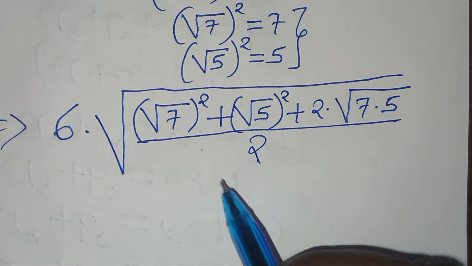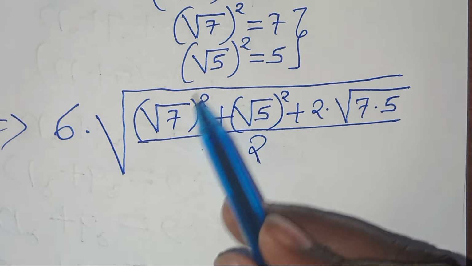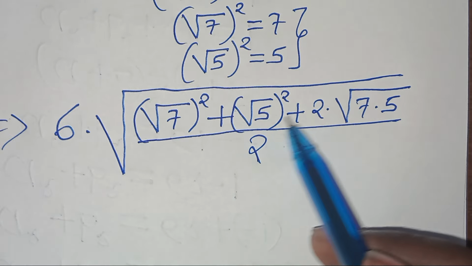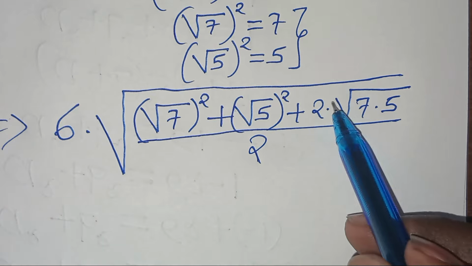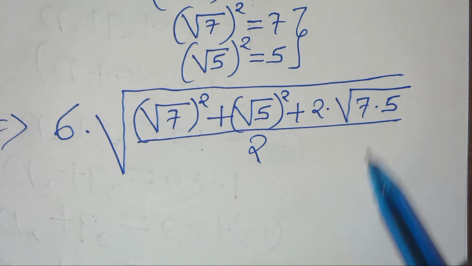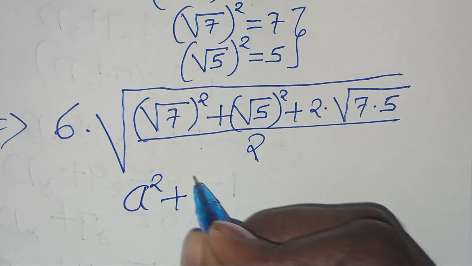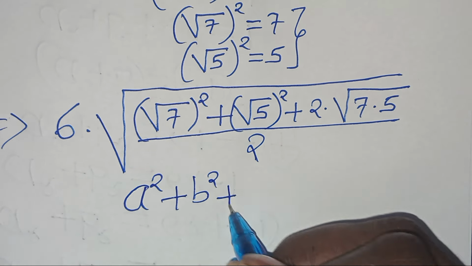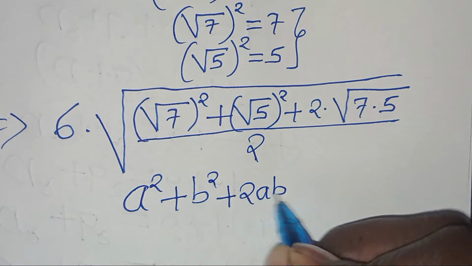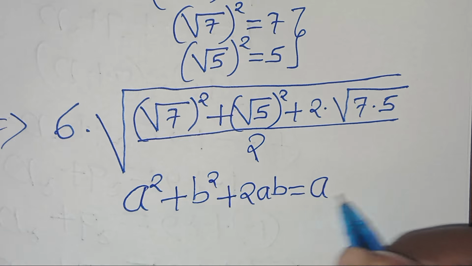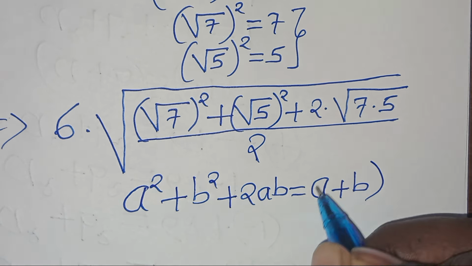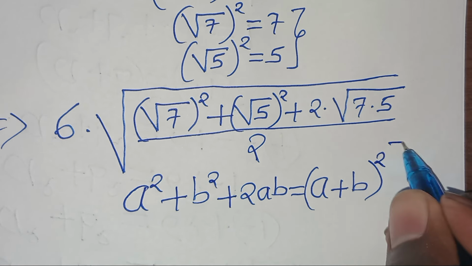The next step is we have the square root of 7 to the power of 2 plus square root of 5 to the power of 2 plus 2 times square root of 7 times 5. This is in the form of a squared plus b squared plus 2 times ab, which we can express as a plus b raised to the power of 2.